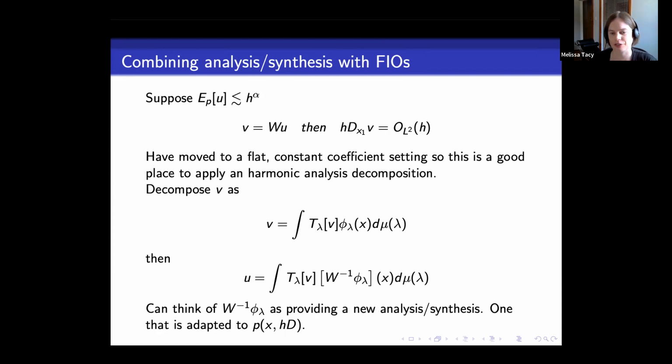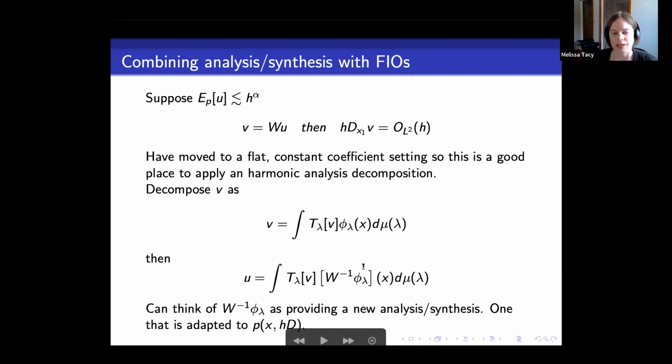Wavelets and Fourier transforms are at their strongest in the constant coefficient cases. And I've taken my complicated non-constant coefficient, maybe even non-differential operator, and produced a differential constant coefficient thing. So this is a good one to do an analysis synthesis with some of these classical things like Fourier or wavelet.